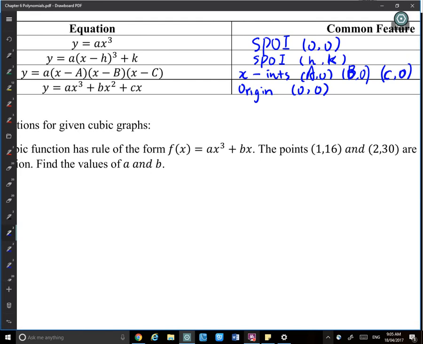There will be 1 x-intercept only, or 2 x-intercepts or 3 x-intercepts, but it doesn't matter. It will always pass through the point (0, 0) because there's no constant term. If a polynomial has no constant term, it must pass through the point (0, 0).